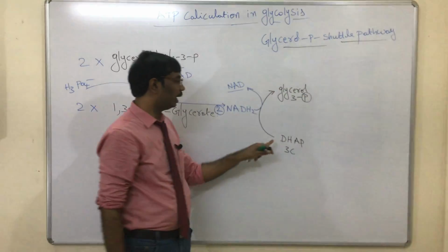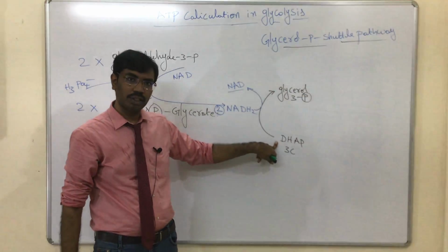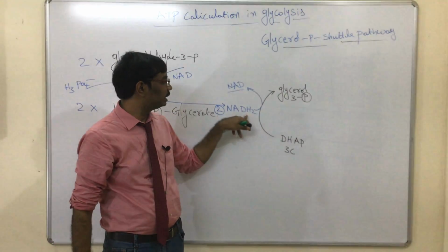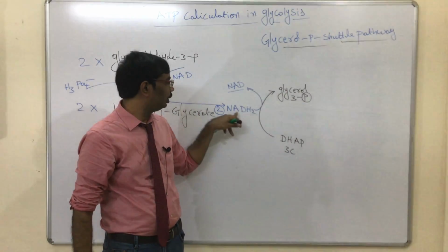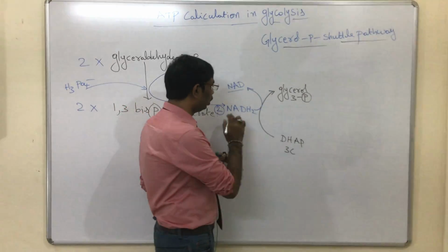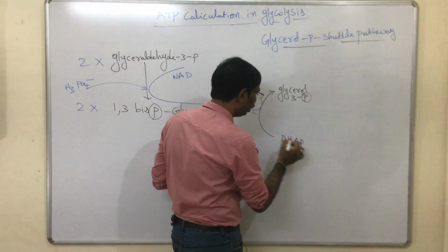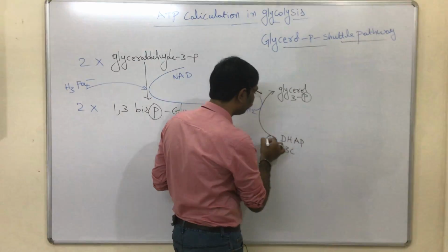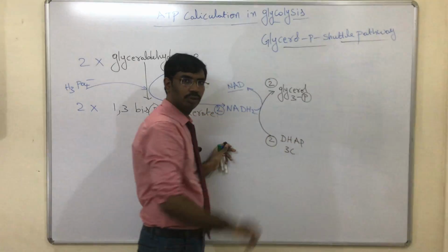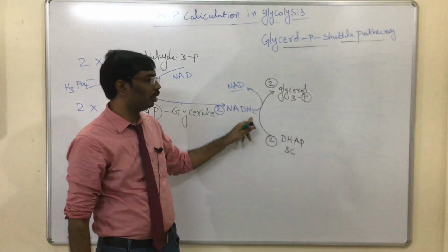Okay, so why is the dihydroxyacetone phosphate converted into glycerol 3-phosphate? Because it receives 2 hydrogens. So the 2 hydrogens are donated by the NADH2. So 2 molecules of dihydroxyacetone phosphate are converted into 2 molecules of glycerol 3-phosphate because of the addition of 2 hydrogens.